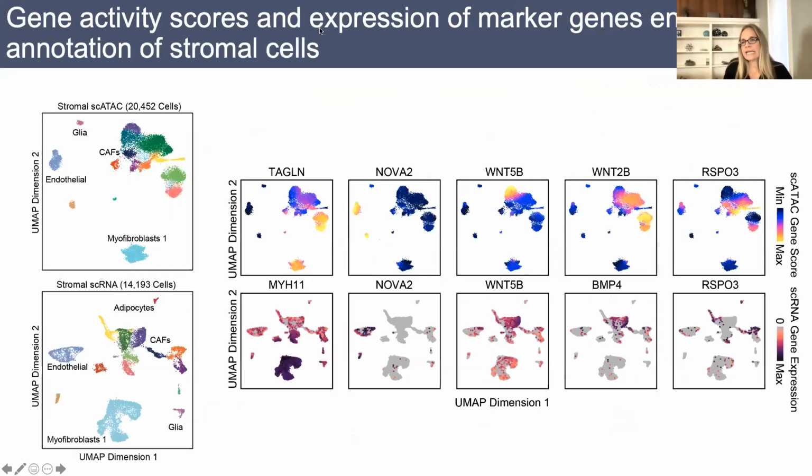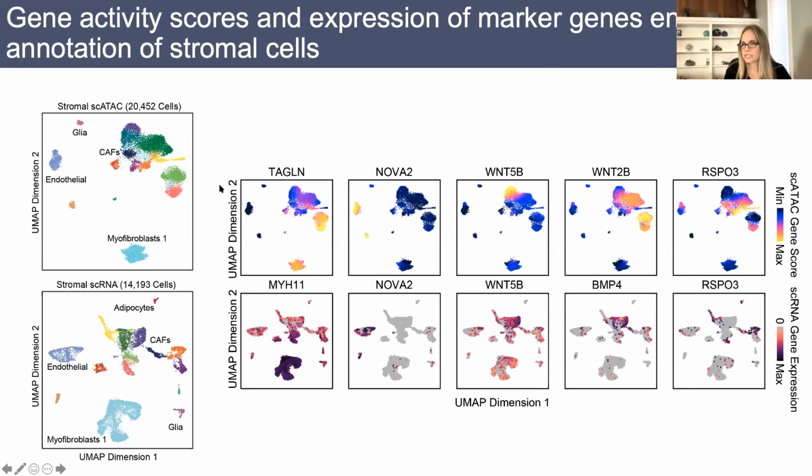Now, again, using this ability to score gene activity from the ATAC-seq data, we went in and annotated the various populations of stromal cells that are present. I just want to point out that this includes markers such as Wnt5b, Wnt2b, and R-spondin 3.